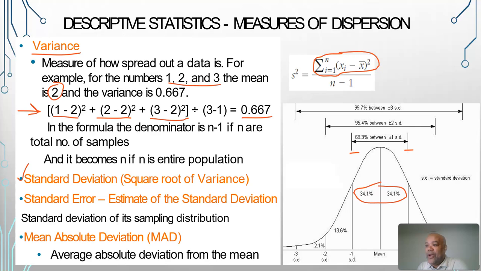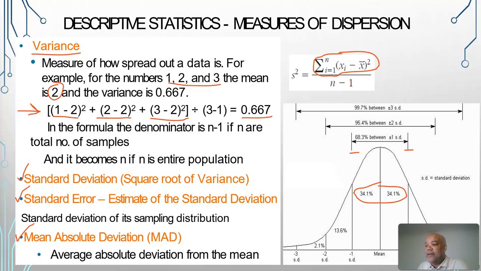Standard error is something else. It estimates the variability of a sample mean compared to the population mean, and it's useful in inferential statistics. I'll leave that alone for right now; we can come back to that later if you like.